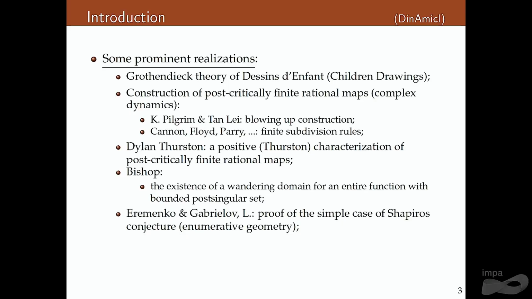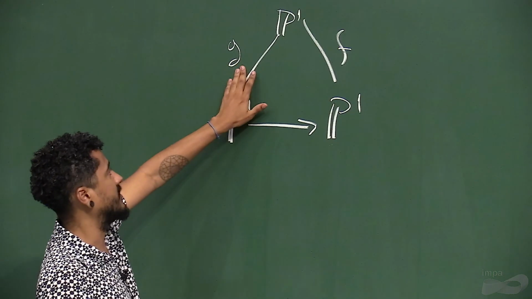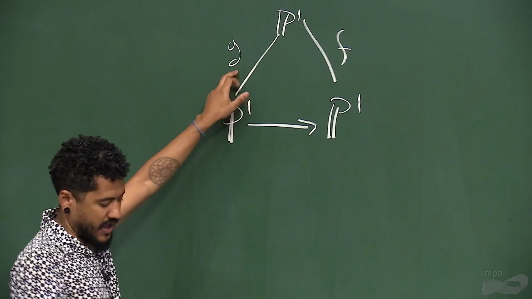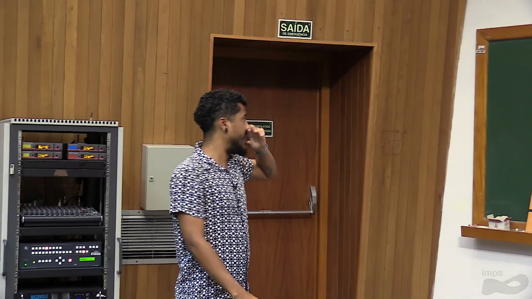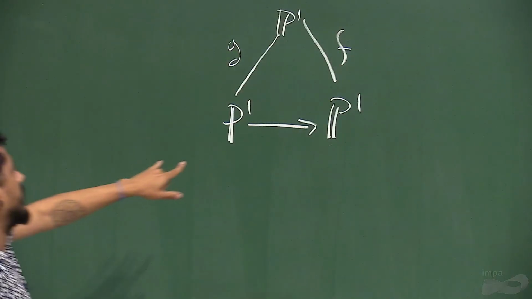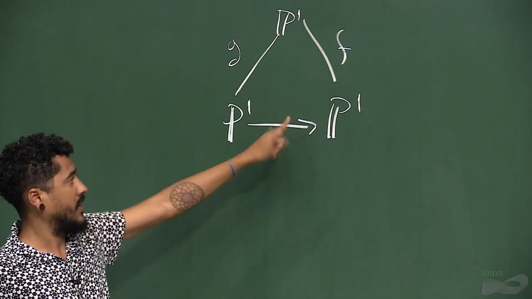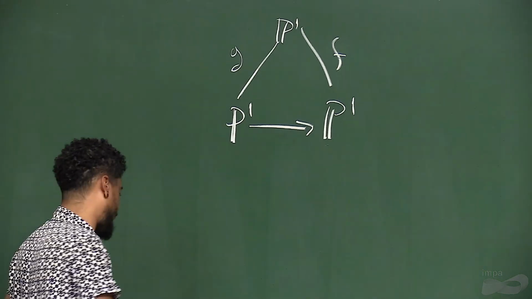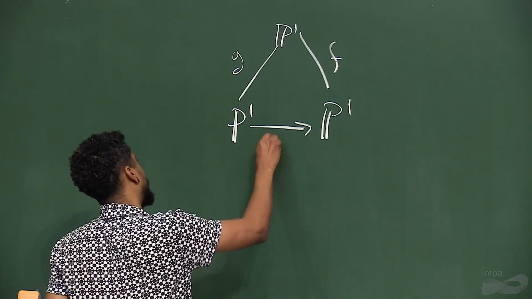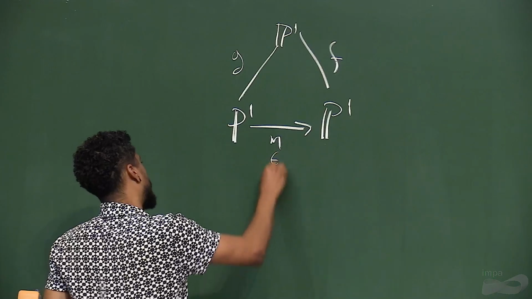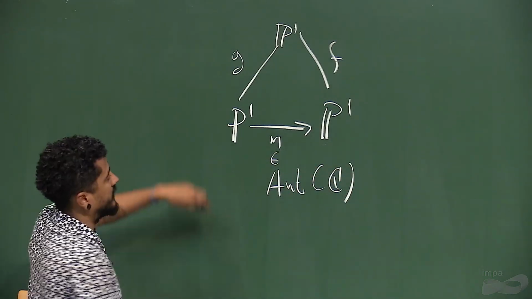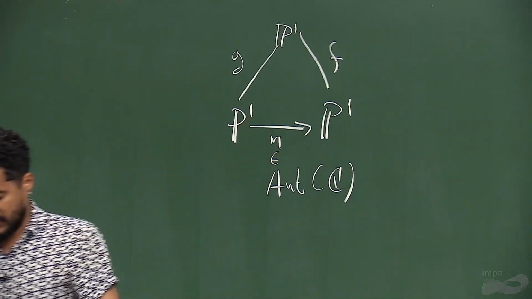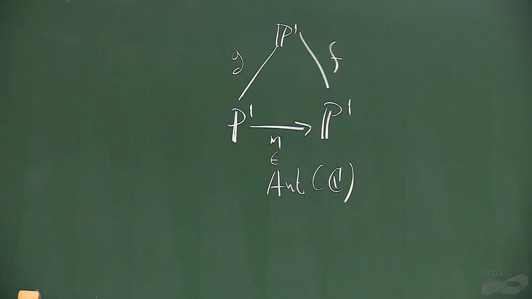And the conjecture says that if a rational function has all of its critical points real, then up to post-composition with Möbius transformations, the map is a map with real coefficients.